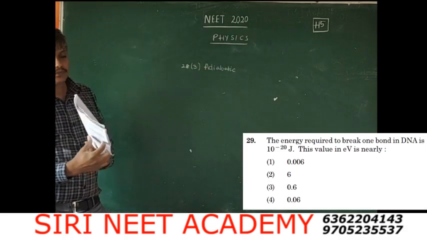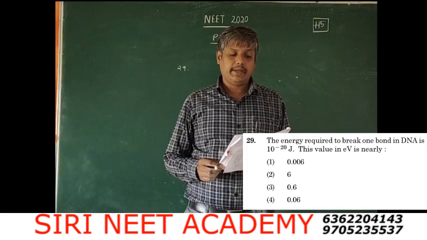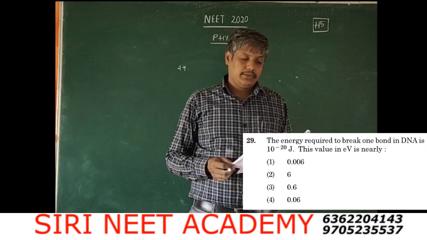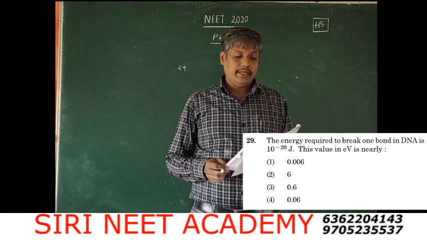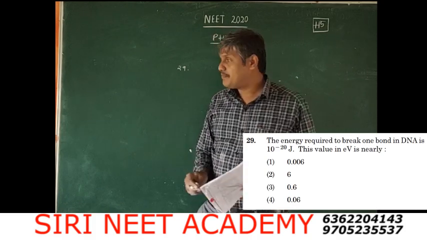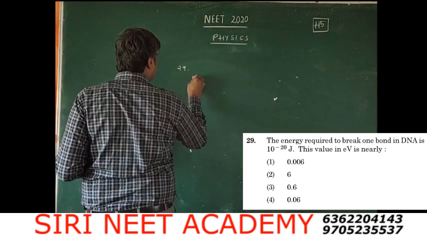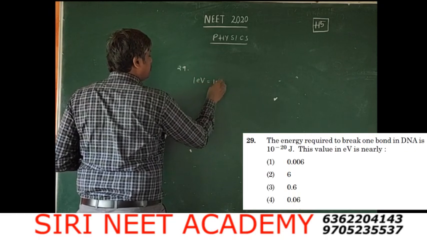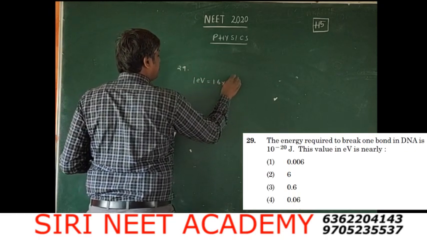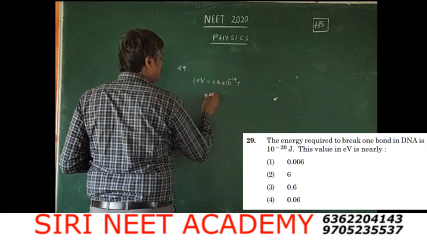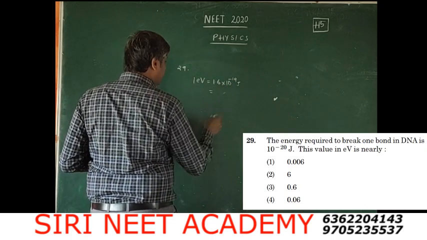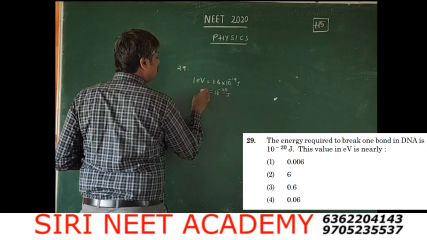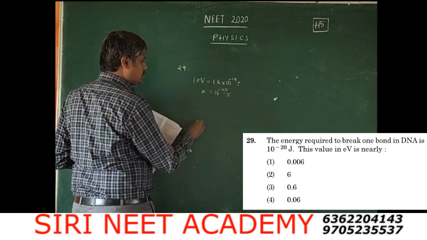The energy required to break one bond in DNA is 10 power minus 22. This value in electron volt is nearly. So we know that 1 electron volt is equal to 1.6 into 10 to the power minus 19 joule. So it is asking 10 power minus 20 joule is equal to how many electron volts? This is x.